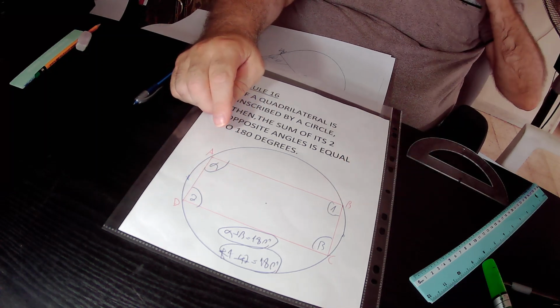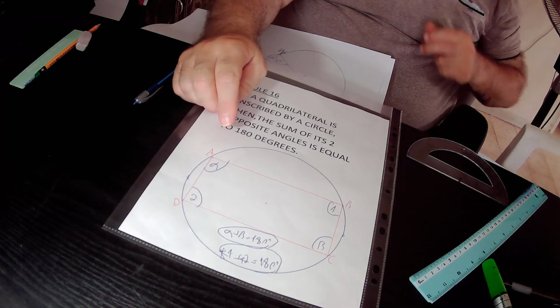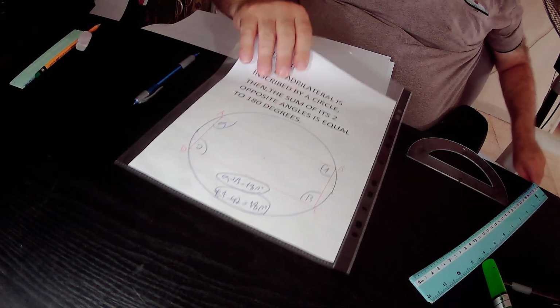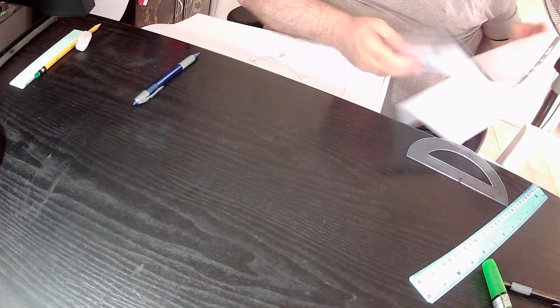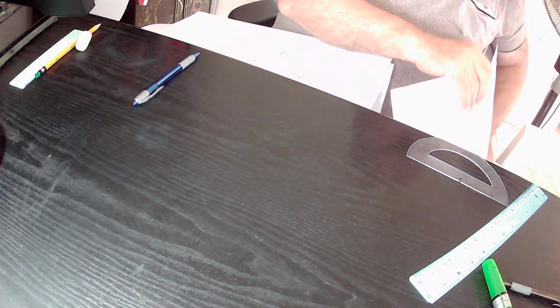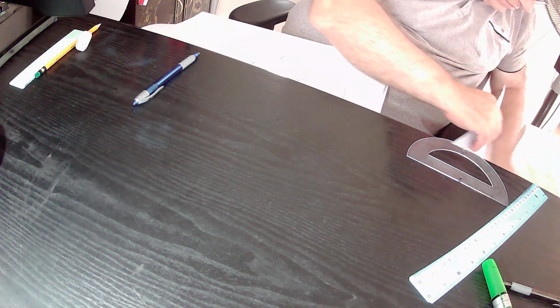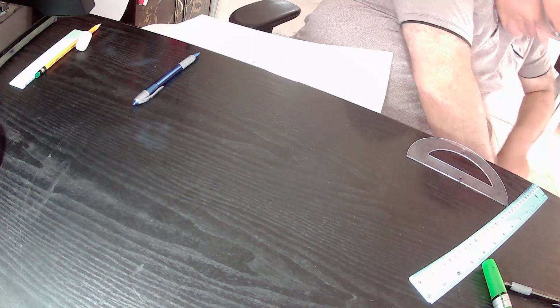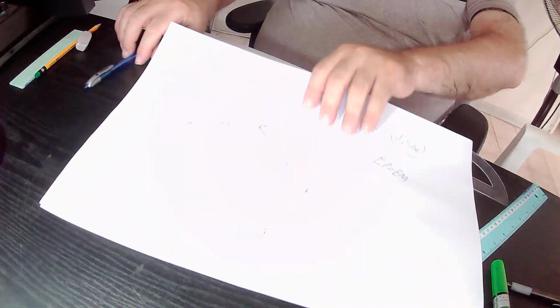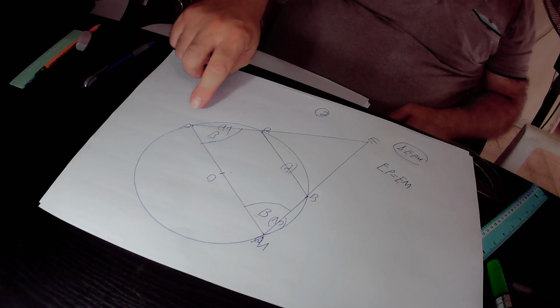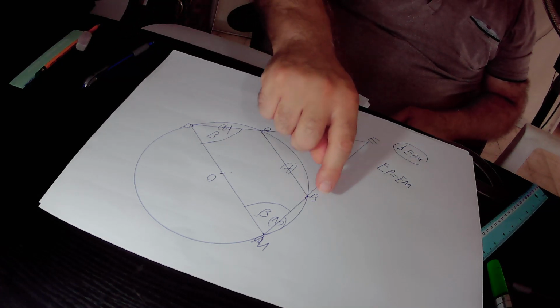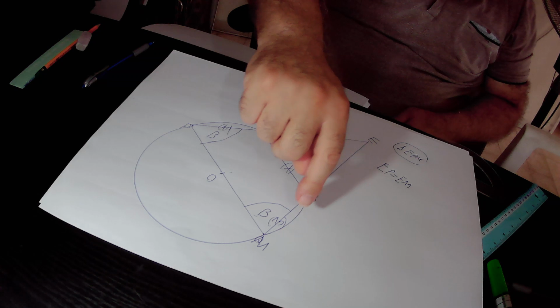So we can actually implement rule 16 in our drawing. This is quadrilateral PQBM that is inscribed by this circle.